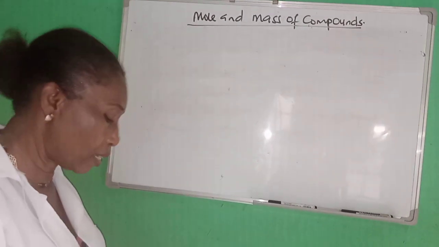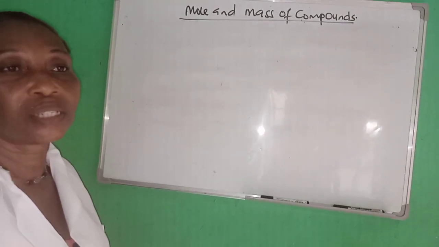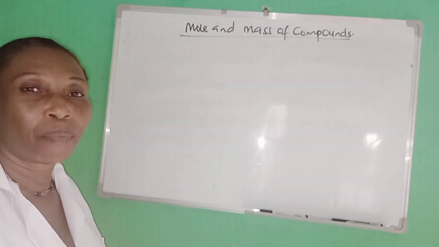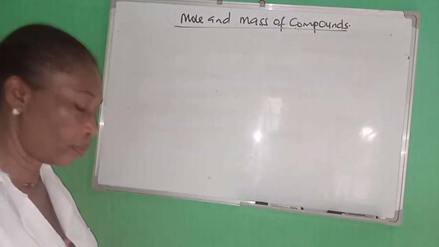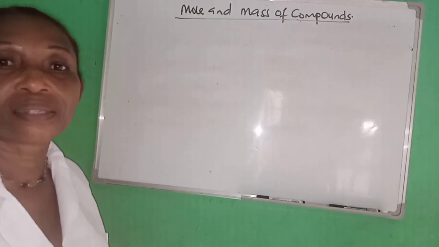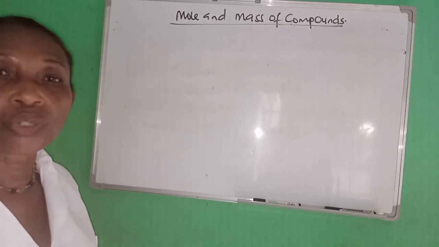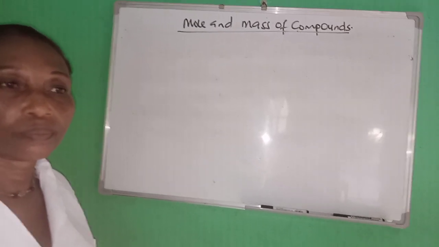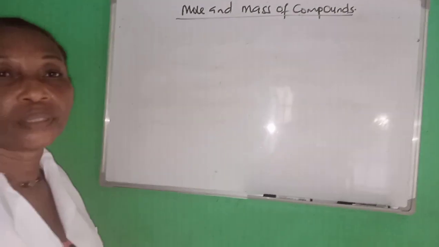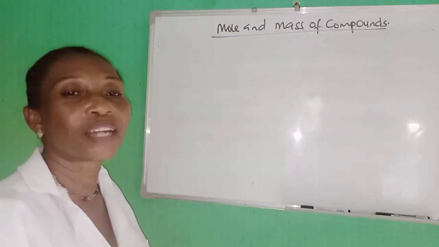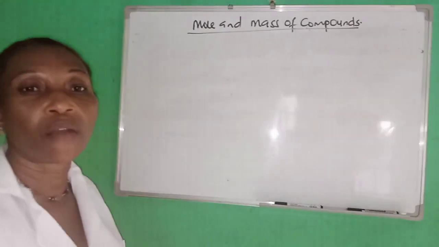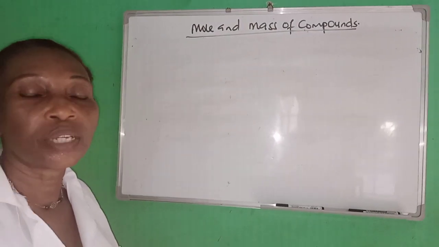The molar mass of a compound is calculated by summing up the relative atomic masses of the elements that constitute that compound.